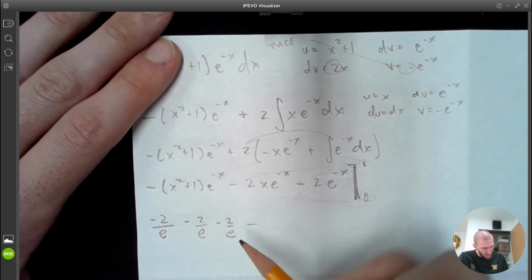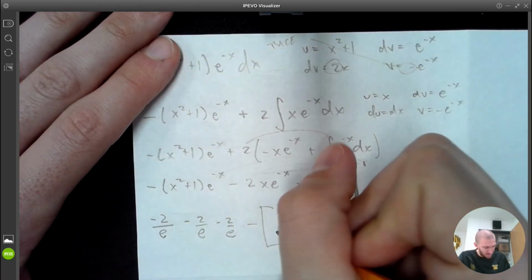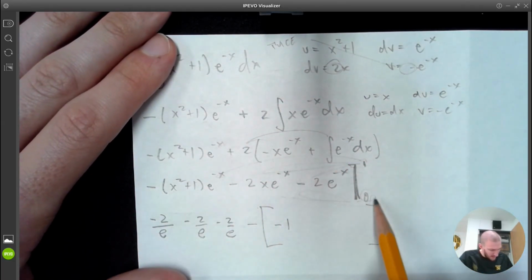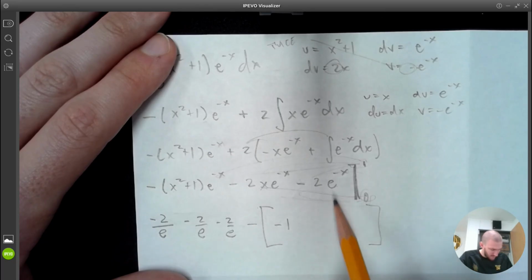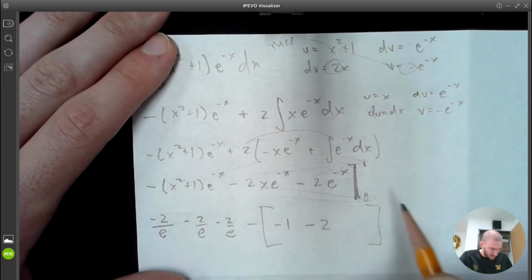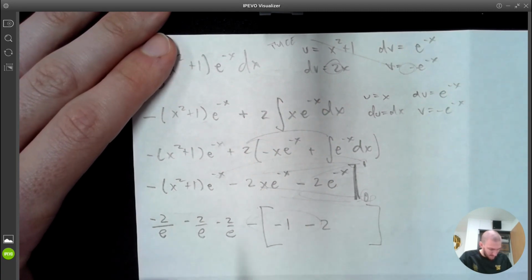I need to subtract all of my 0 terms, which is going to be negative 1. Plug in a 0 here, and it's going to be negative 2 times 0. It's going to go away. Plug in a 0 here, and it's going to be negative 2 e to the 0, which is just negative 2. Don't forget these negatives and make sure you get them all right.